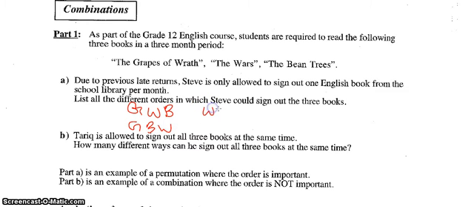He can do the Wall first and then swap the other two. He can read the Bean Trees first. So how many ways? The answer is 6 ways. You have 3 things, so the answer is 3 factorial, which is 6.